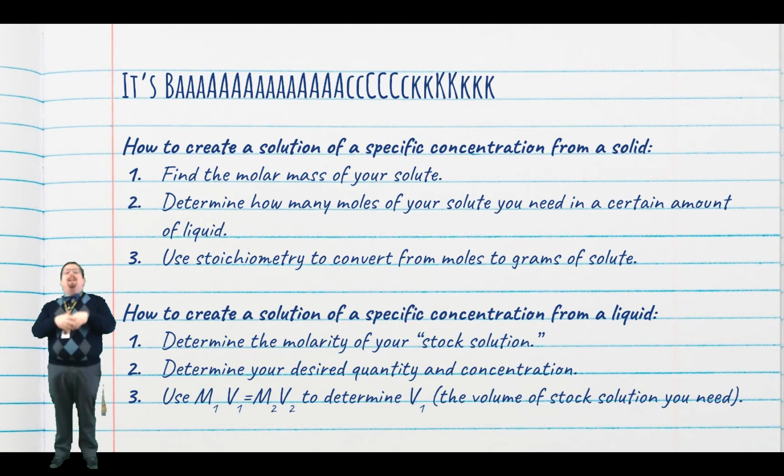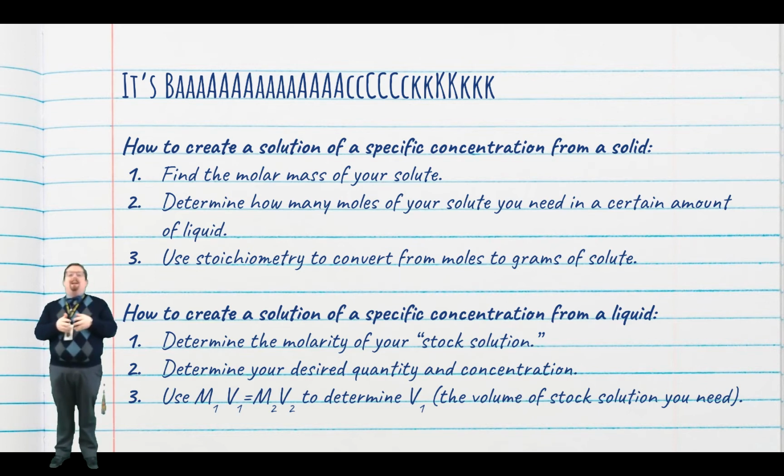Now, if you're starting out with a liquid solution of a known concentration, which we generally call a stock solution, then you must first know the concentration of your stock solution. Figure out what volume and at what concentration you want your final solution to be, and then use the dilution equation, which is M1V1 equals M2V2, to determine your volume of the stock solution, which is V1.